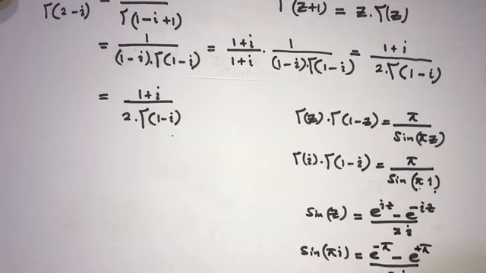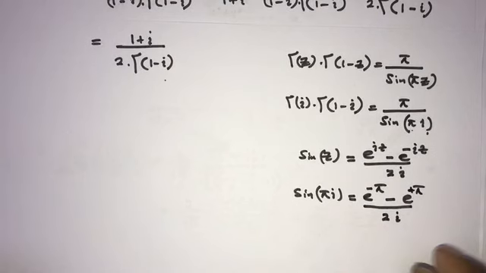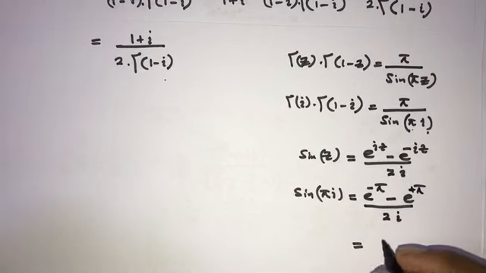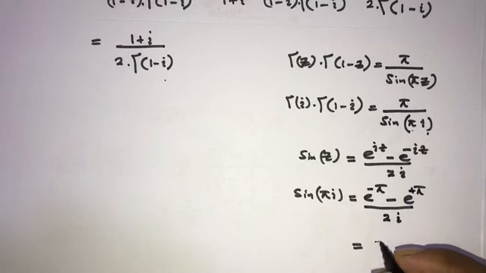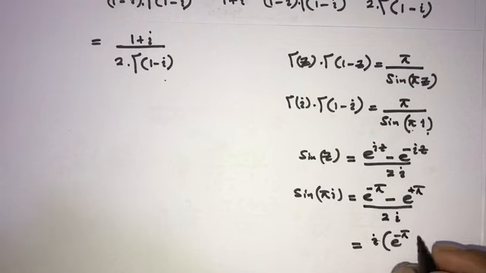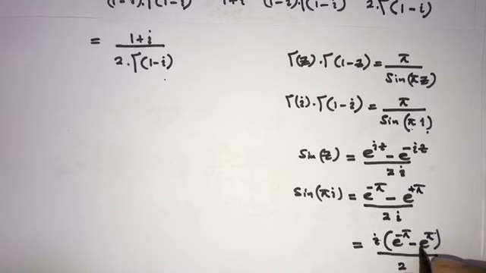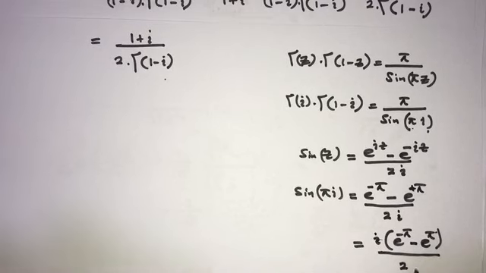Okay, now if we multiply by i, so here i times e to the minus 5 minus e to the 5 over 2 times i squared is equal to minus 1, so minus 2.